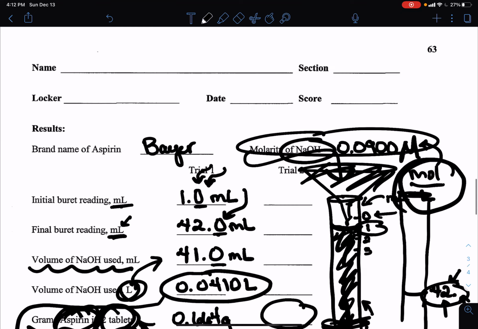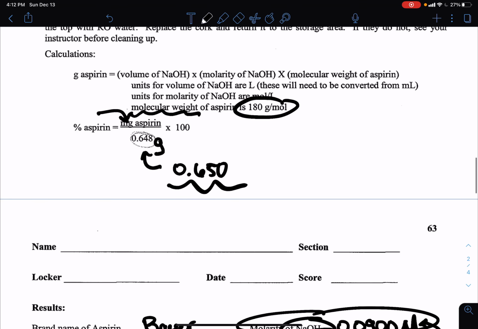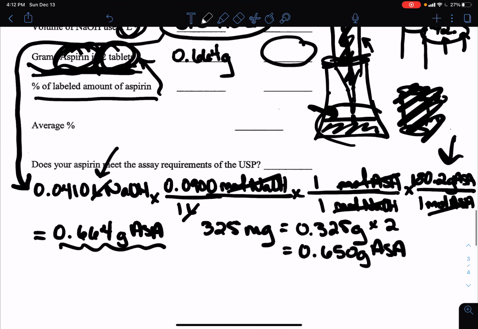So what we do is we use Professor Gray's new equation, which is whatever you got on top divided by 0.650 grams on the bottom times 100. And I'll go ahead and write that down here.